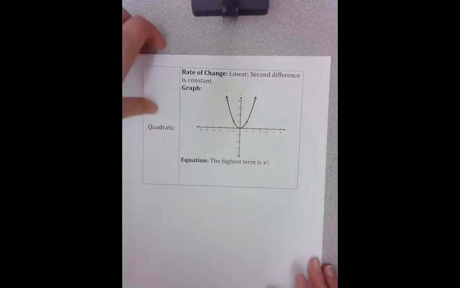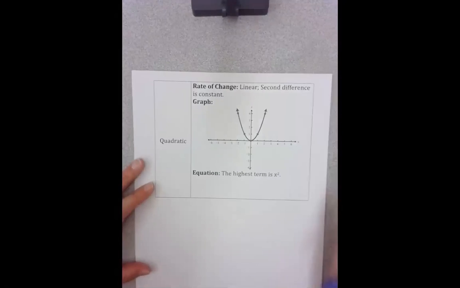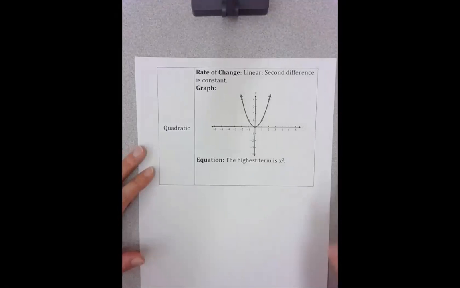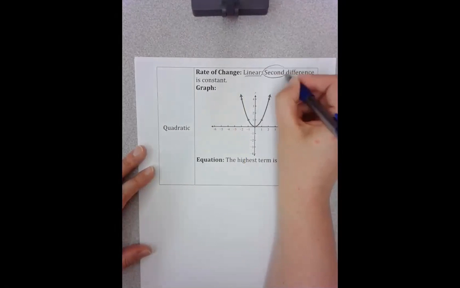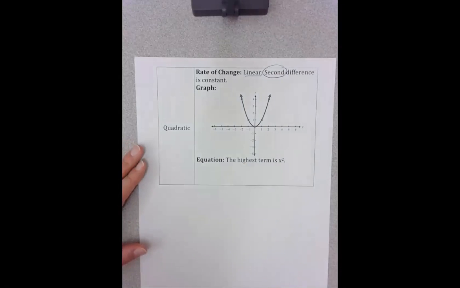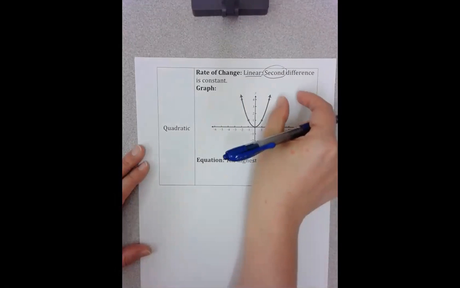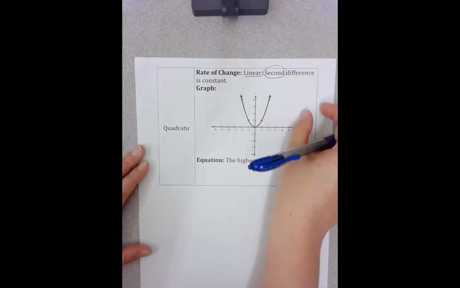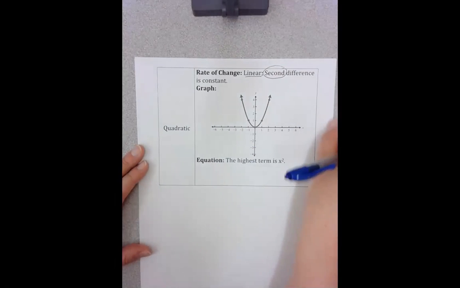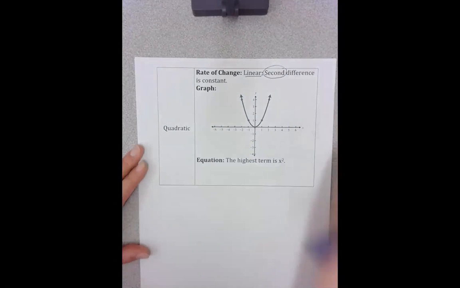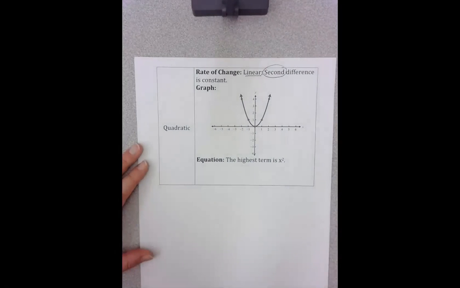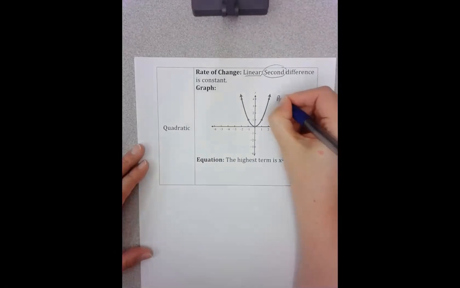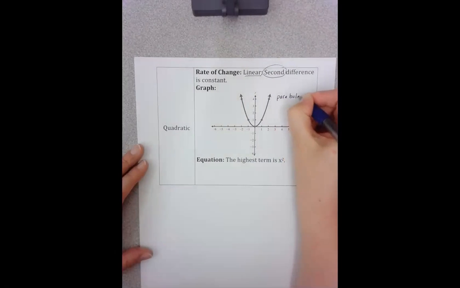The last function that we're looking at and comparing are the quadratic functions. For the quadratic function, it turns out that the rate of change is linear, meaning the second difference is constant. So when you're looking at a table, you have like a quadratic relationship, and when you look at the first difference, it's a linear, and when you look at the second, it's a constant. It's the same number being added or subtracted every time. In this case, for the graph, we have a parabolic shape, which we call a parabola, and it's a U shape.